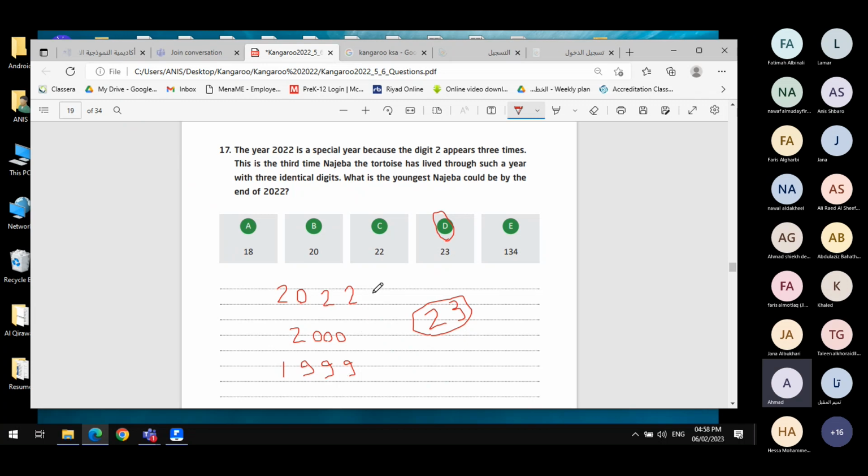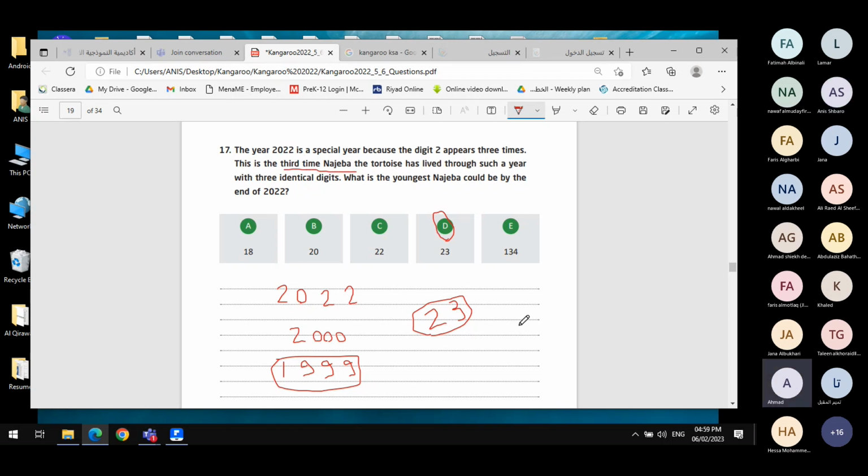But if I subtract 2000 from 2022, it will be 22, and here is 22. No, if we subtract from 2000, but we said that it was born in 1999, not in 2000. They mentioned in the given that this is the third time Najba the tortoise has lived through it.